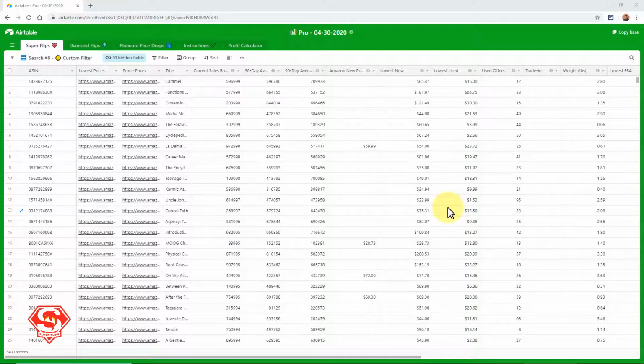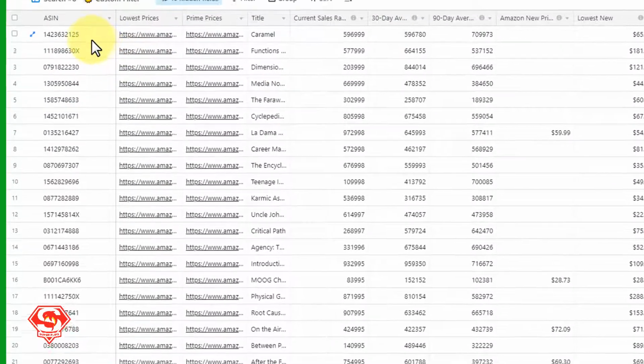Okay, so if you recall earlier, I had mentioned restricted books, and now I'm going to show you a tip that is going to work for almost anyone in finding books that you are highly unlikely to be restricted on. Now let's look at the ASIN column over here.